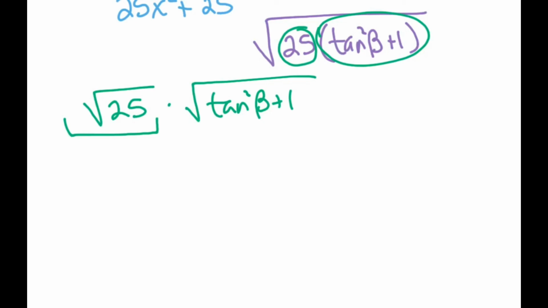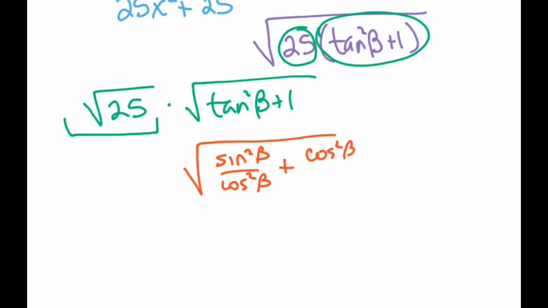Tangent squared beta. Remember what I said at the beginning is look for ways to simplify, and one of the ways is to write it in terms of sine and cosine. So sine squared beta divided by cosine squared beta plus, and then instead of 1, we need a common denominator. So instead of 1, we're going to have cosine squared beta over cosine squared beta.